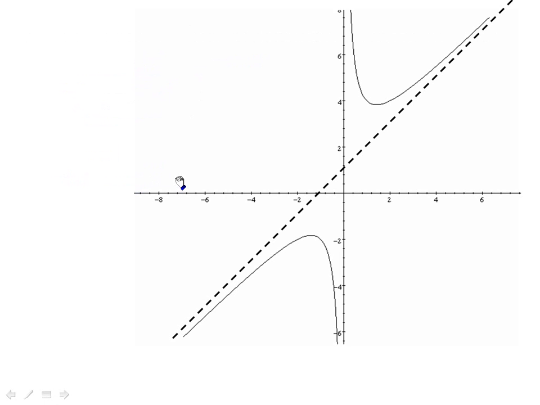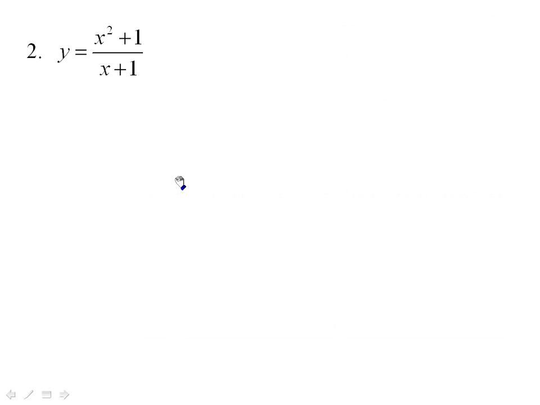So what you're probably wondering is, okay, fine and dandy, if I'm in that form, I can tell what the slant asymptote is. What if it is not in that form? So that would be of this style.